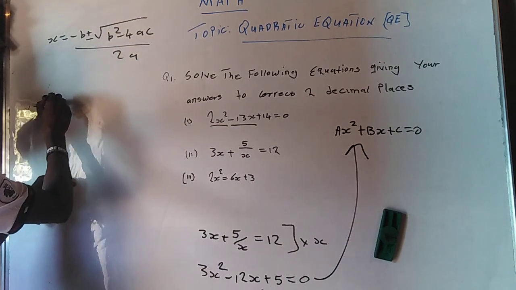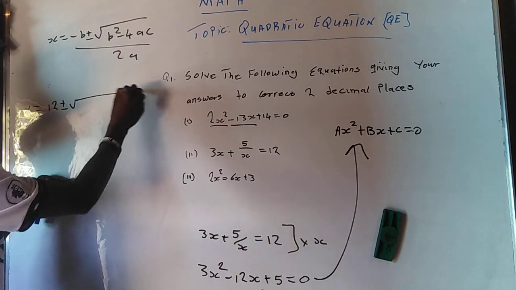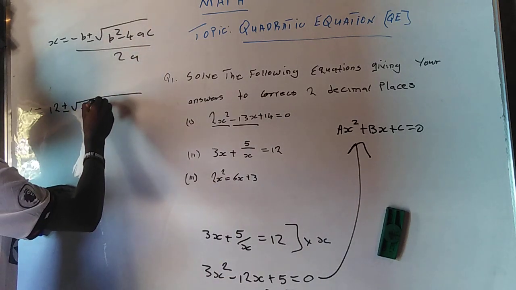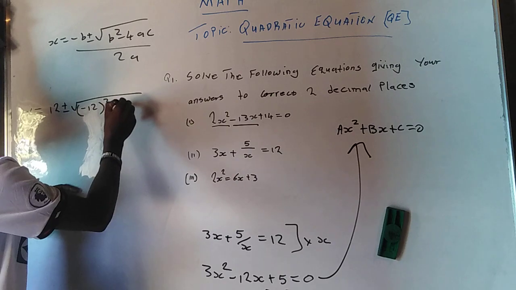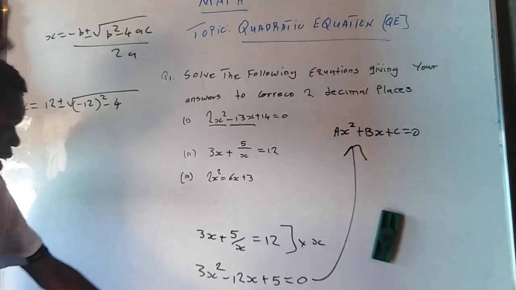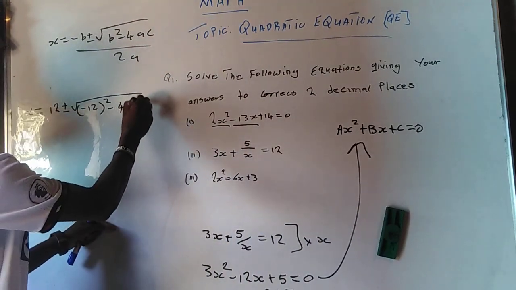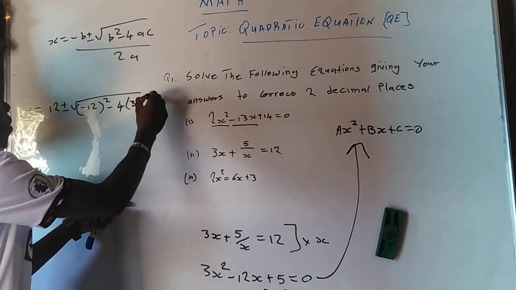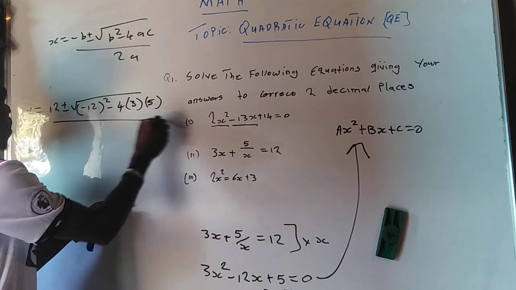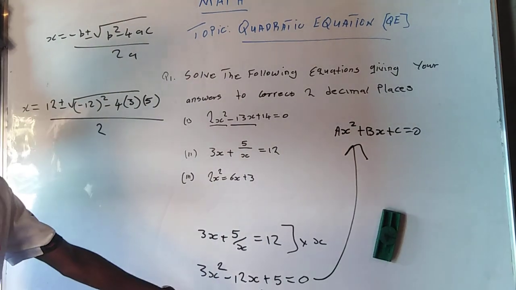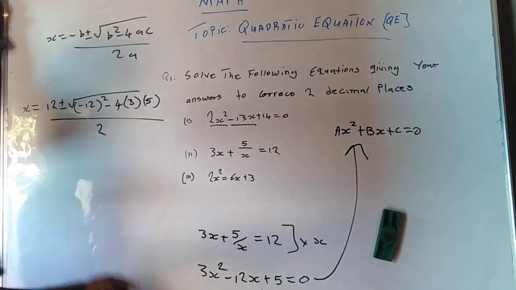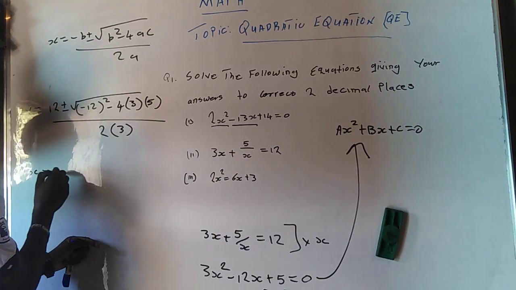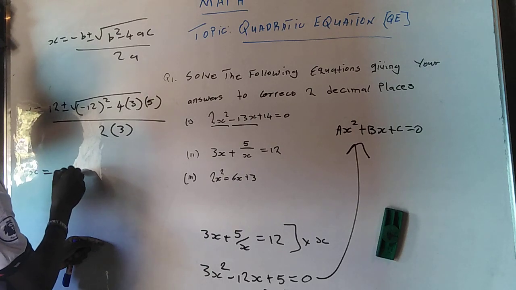So I'm going to say 12 plus or minus the square root of b squared, negative 12 squared, minus 4 times a, which is 3, times c, which is 5, all over 2a. Which one is my a? Which is 3. So x is equal to 12.